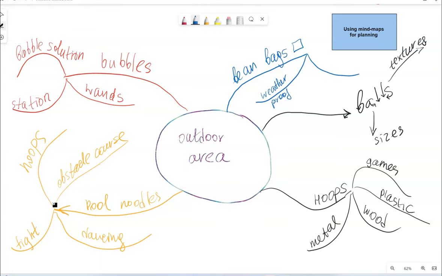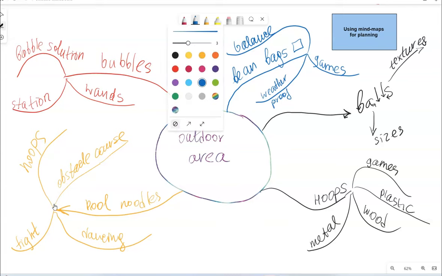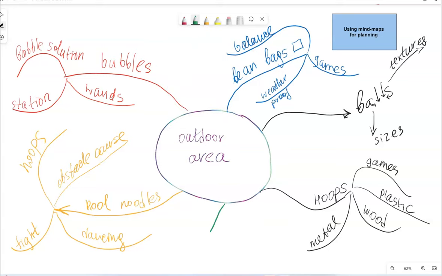They might be used for intentional teaching activities like games. They might be used for balance, etc. So next branch you are thinking, you see, you already have a lot of experiences outdoor that you planned, because this method allows your mind to think faster and come up with a lot of ideas.